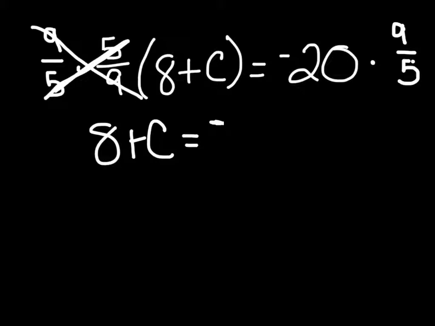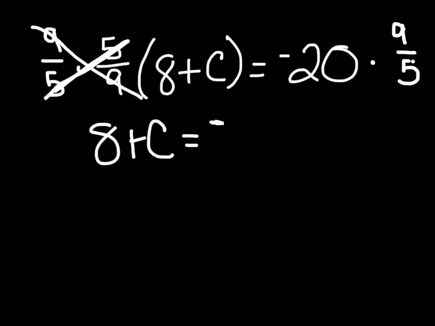Okay, let's move back. All right, so there are 2 ways. Do we want to multiply straight across, or do we want to go ahead and reduce if we can? Reduce. All right, let's reduce. What do you mean by reduce? How many times does 5 go into 20? That's reducing.